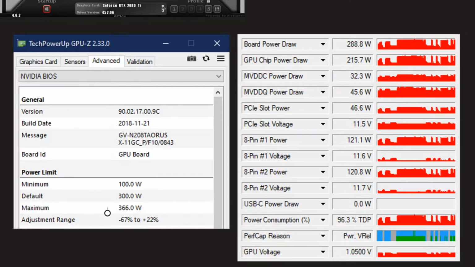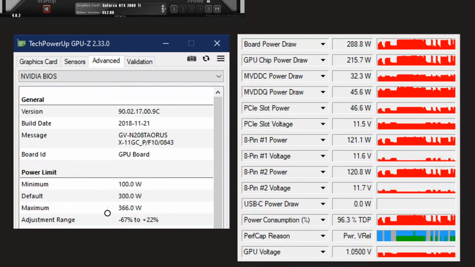You could just flash the BIOS from my card or another card that might even have a lot more power limit to it, when the BIOS flashes correctly, because there are some limitations. You can't just flash every BIOS on every card, but usually they are compatible. There are just some limitations.